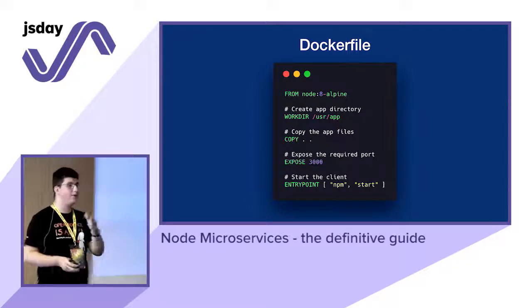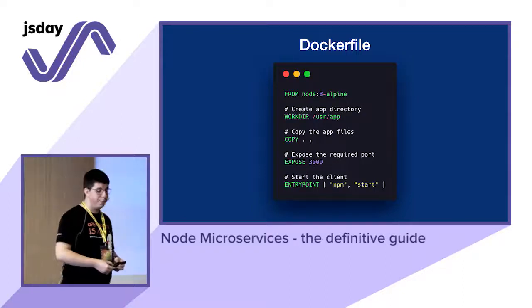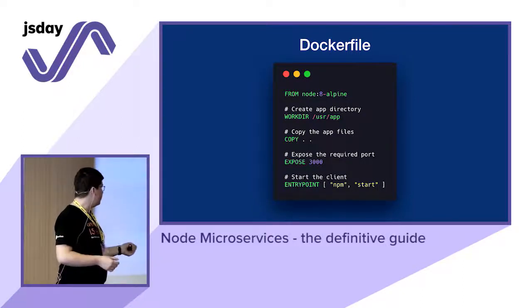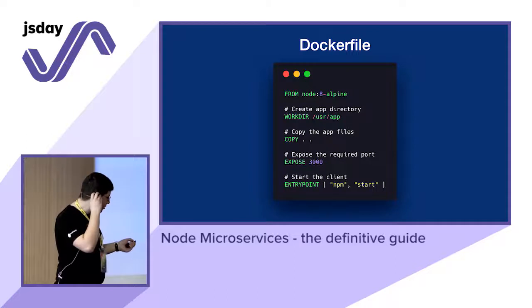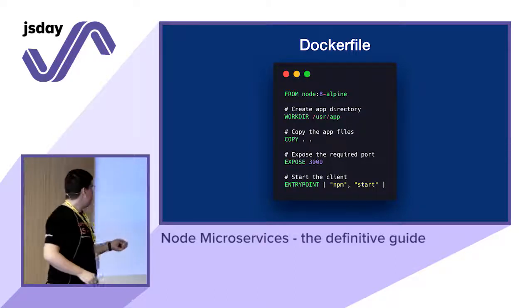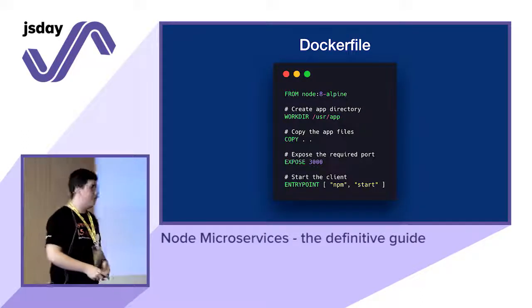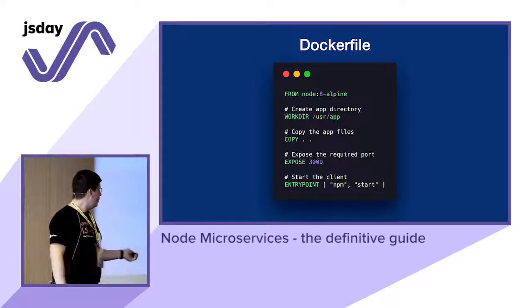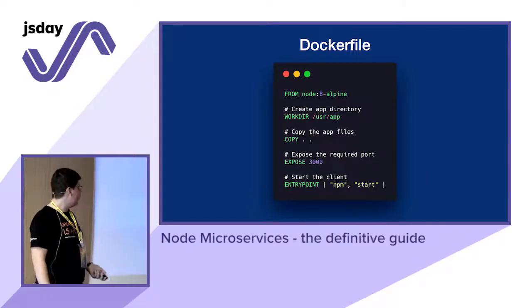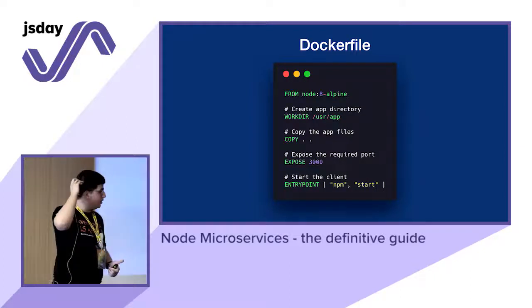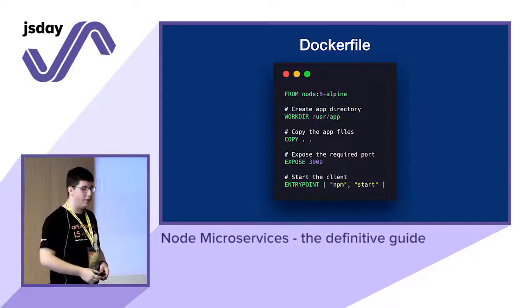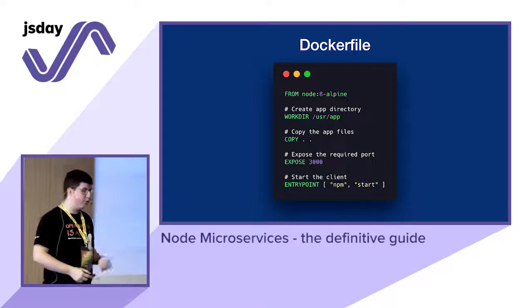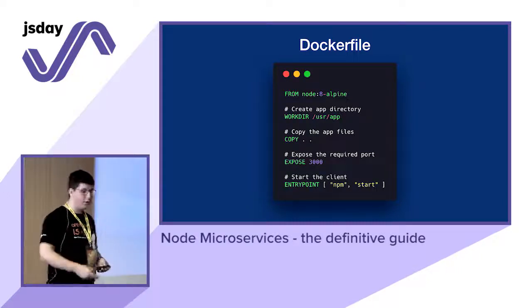You can also specify specific files that you want to copy. And you're exposing the port. If your Node app is running on 3000, you expose that one. And at the bottom, the entry point, you just put the command that's running your app. And with this Dockerfile, we are now ready to build our container.